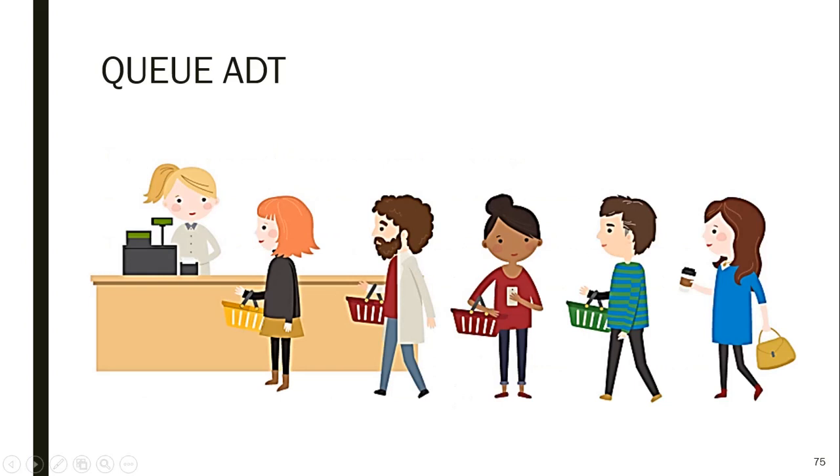So you see, here is an example of a queue. The one at the front of the queue is going to be served first, and if there is another man who wants to join the queue, it is very unethical for him to break the queue and stand in front or in between. So ethically he must stand at the end of the queue, meaning insertion happens at the rear end.